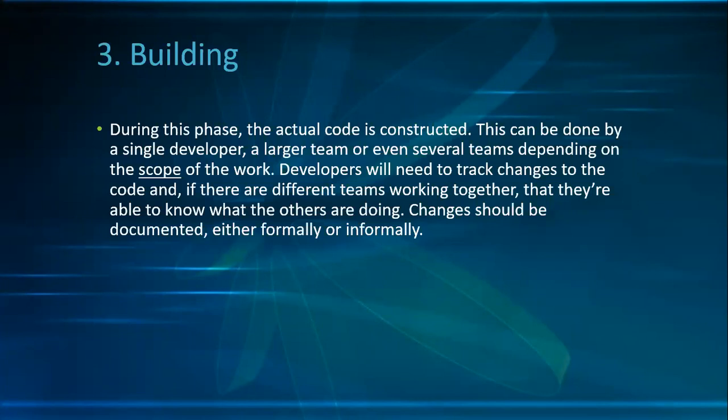Developers will need to track their changes to the code, and if there are different teams working together, they need to be able to know what others are doing. Changes should be documented either formally or informally. I always prefer documented, so at least let it be formal.